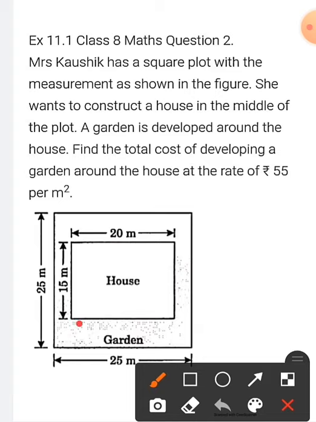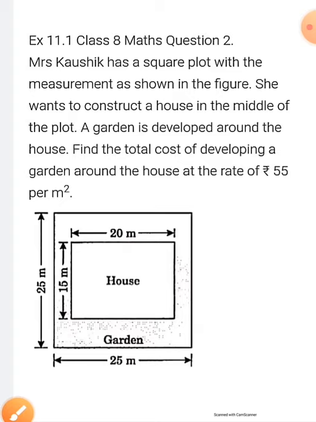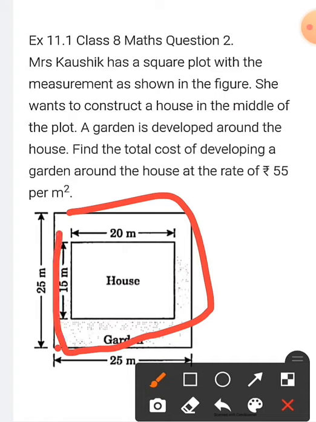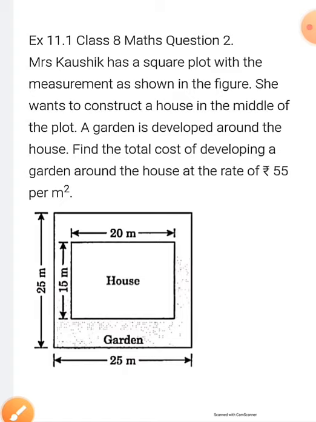Inside there is one rectangle whose length and breadth are given. Again outside there is another rectangle, or you can take it as a square because it is 25, 25 on both sides, this length and breadth both are the same. So the outside part is a square and the inside part is a rectangle.